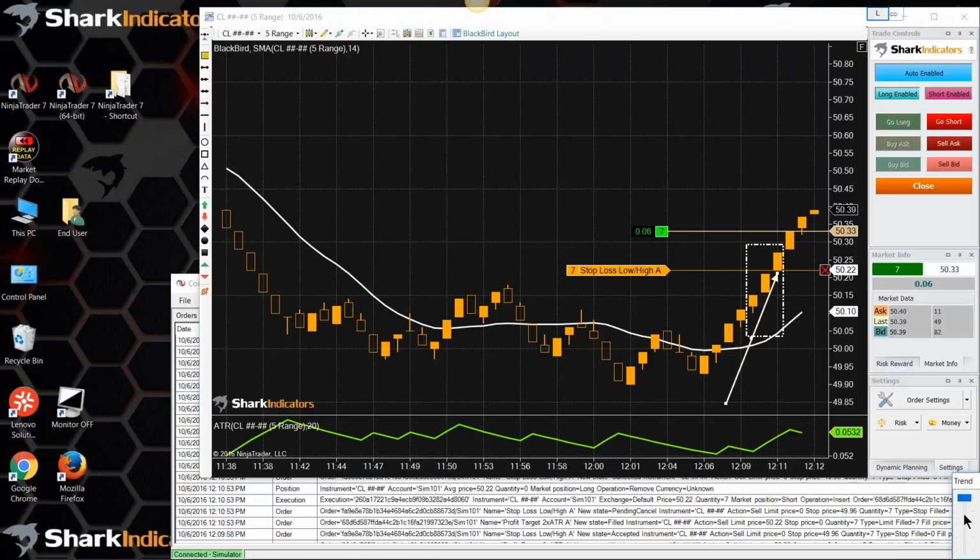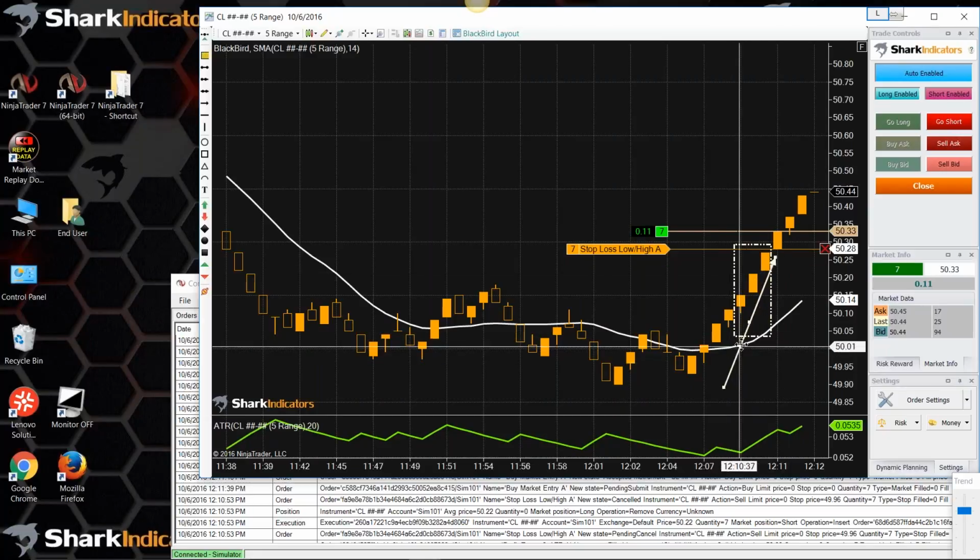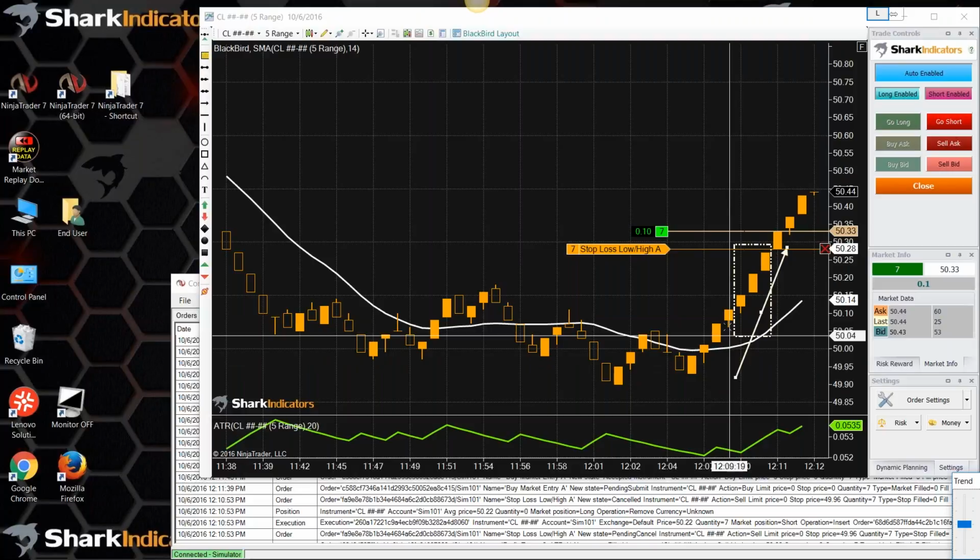So let me just get price to move up a little bit. There we go. We just adjusted that stop loss to follow the lowest low of the last 3 bars. And we can see that stop loss is just going to keep ratcheting up like that.